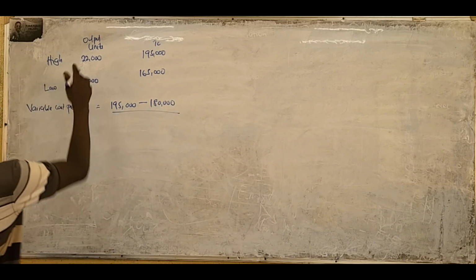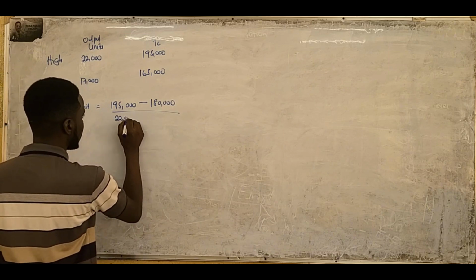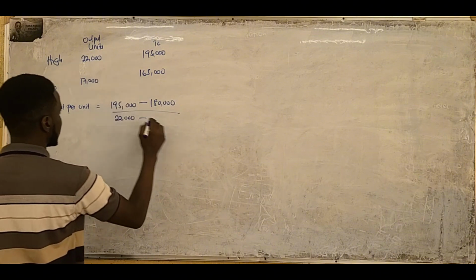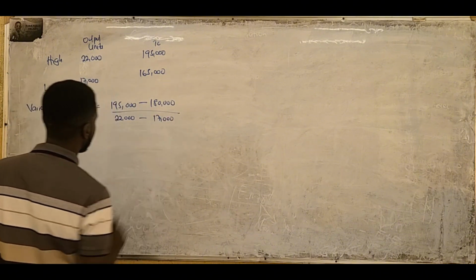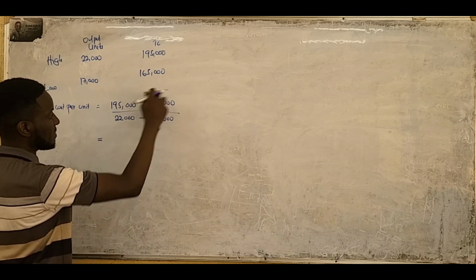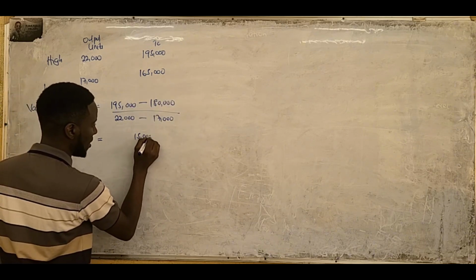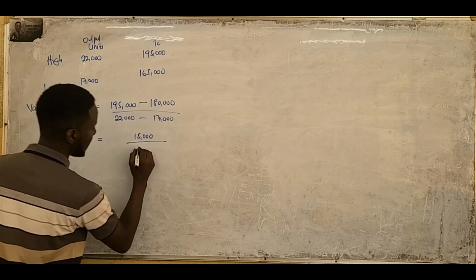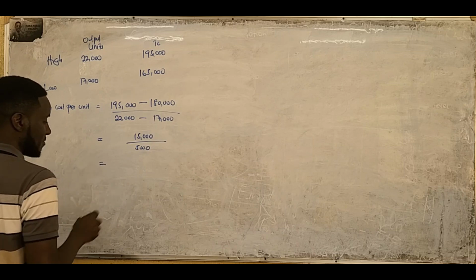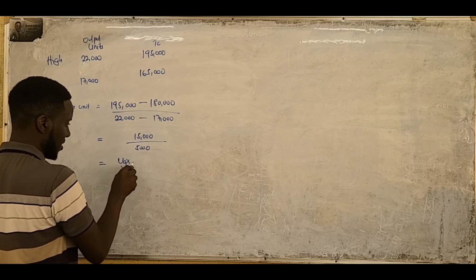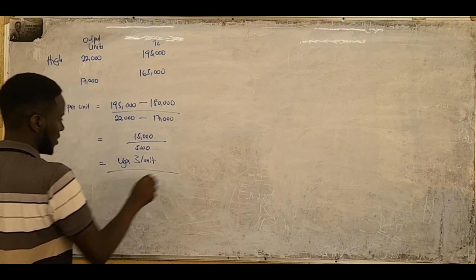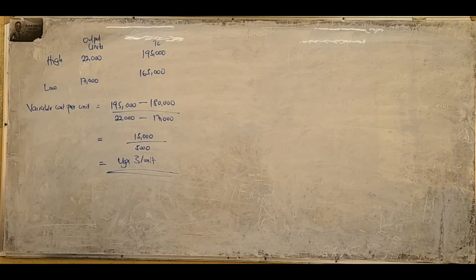Then when it comes to this, I'm going to have 22,000, of course, which is the highest activity level, minus the lowest activity level, which is 17,000. Then when you do the mathematics here, you're going to get 15,000, and here we shall have 5,000. Therefore, we are going to have Ugandan shillings 3 per unit. So that's what we have calculated.